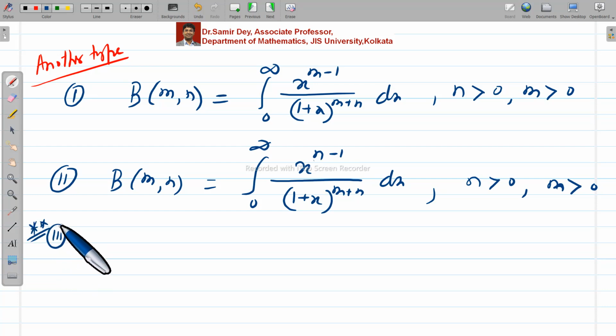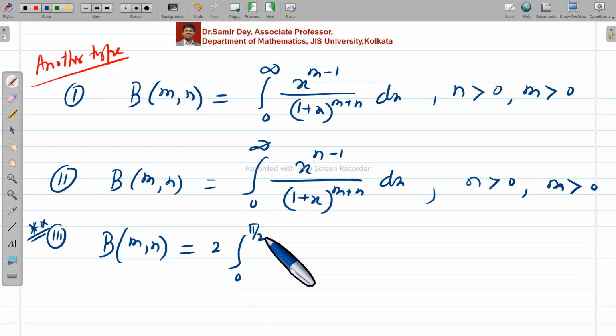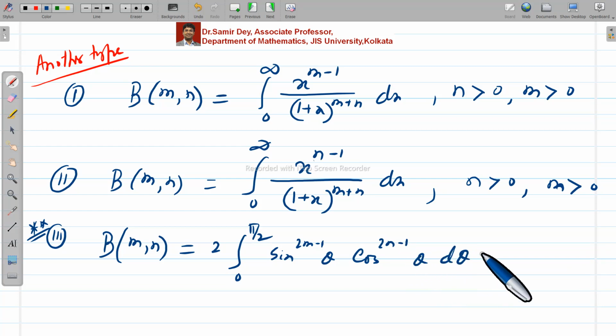Another form, the simple form: B(m, n) equals the integral from 0 to pi by 2 of sine to the power 2m minus 1 theta times cos to the power 2n minus 1 theta d theta.